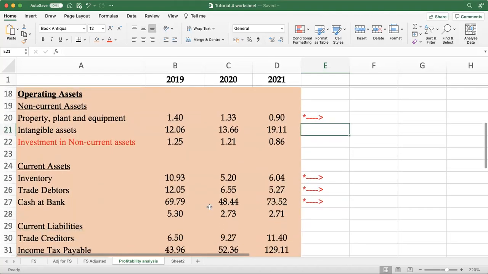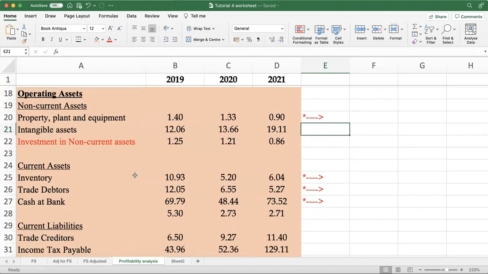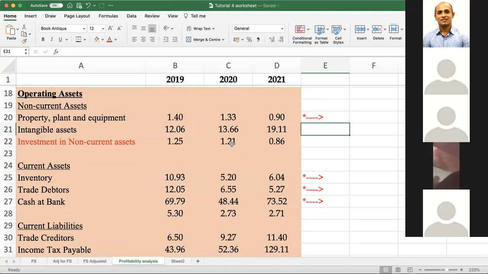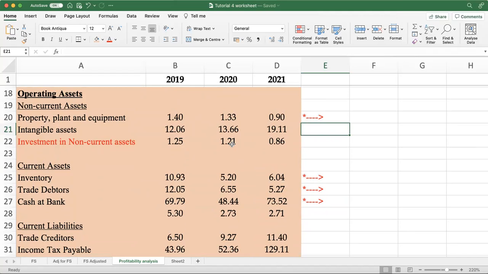If you study the movements of these turnover ratios, you can find out why it has been in a declining trend. Now you study these turnover ratios.